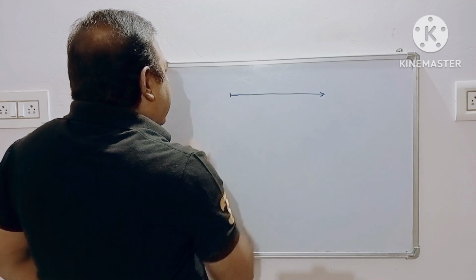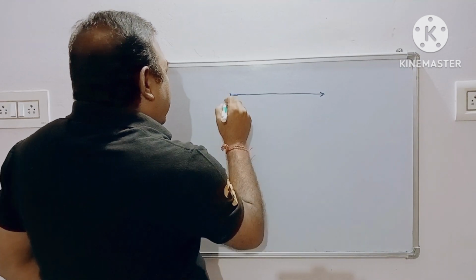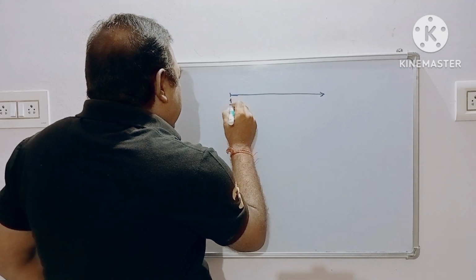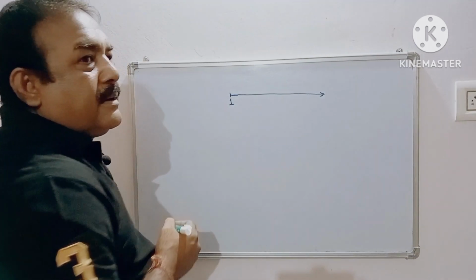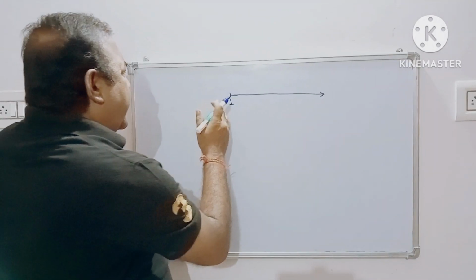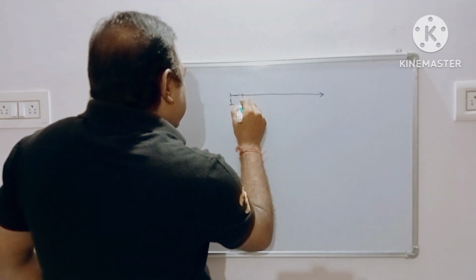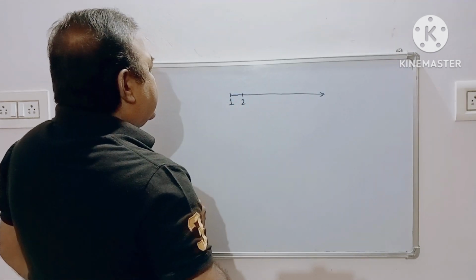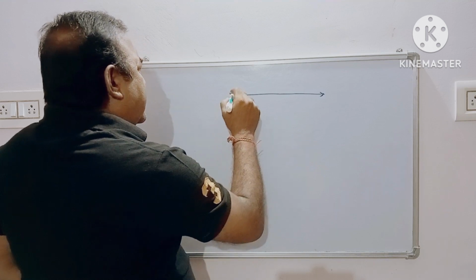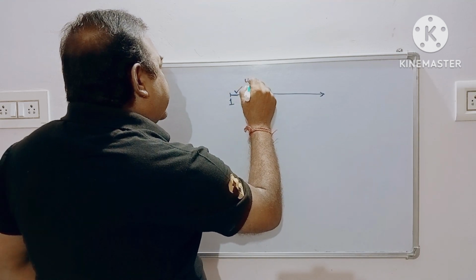You mark and label 1, and towards the right of 1, you mark 2. This is called the unit distance.